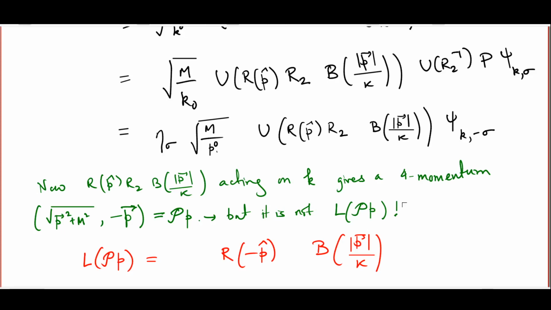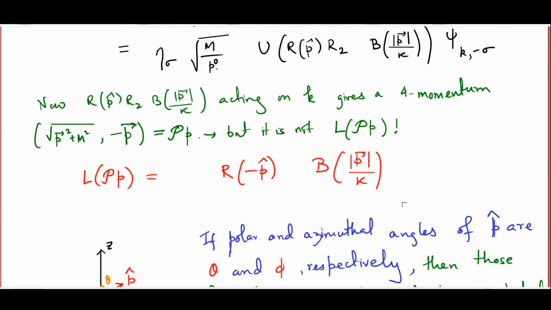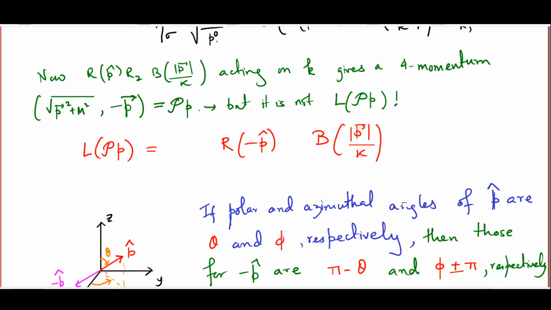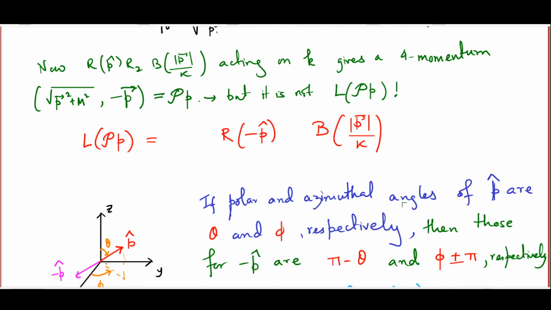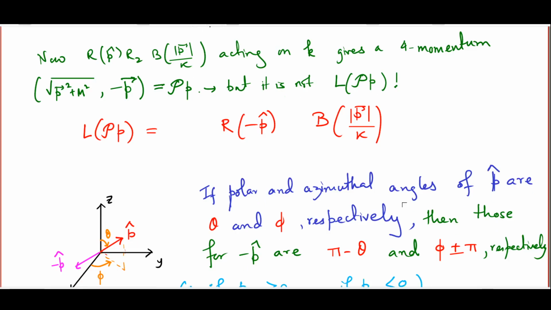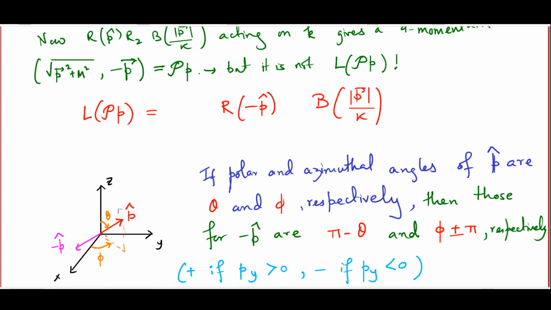Now first, what are the polar and azimuthal angles describing minus p hat if theta and phi are those describing p hat? This is something which we have actually studied earlier in several places, maybe in quantum mechanics when we talked about the action of parity. But the basic idea is that under parity, p reverses to minus p, as you can see here.